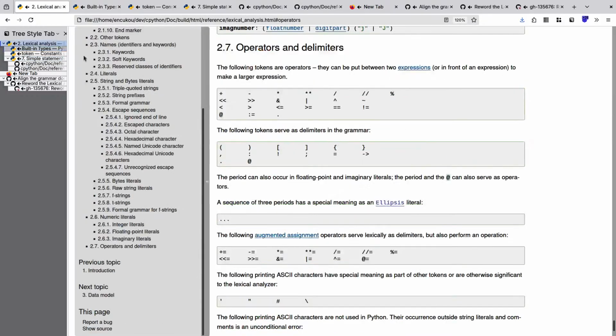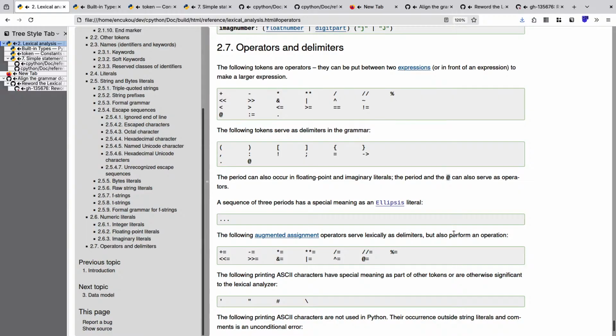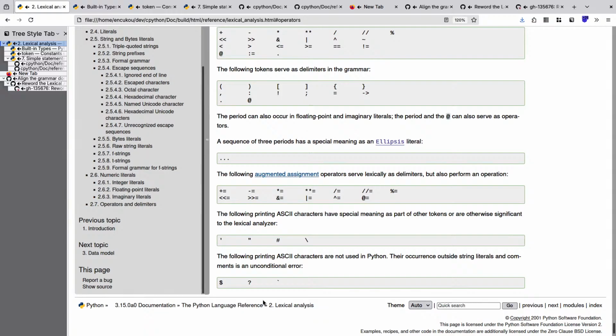I kind of want to call all of these symbols, because we have operators and delimiters, and then this was in the delimiter section before, but it's not operators nor delimiters.